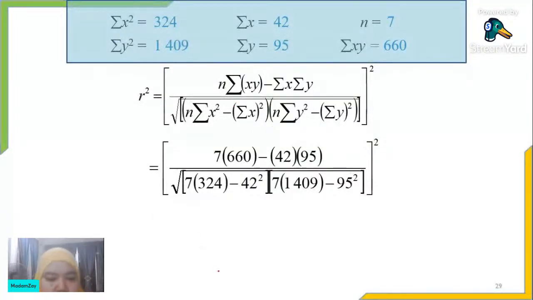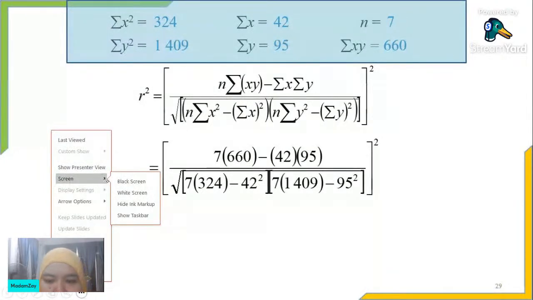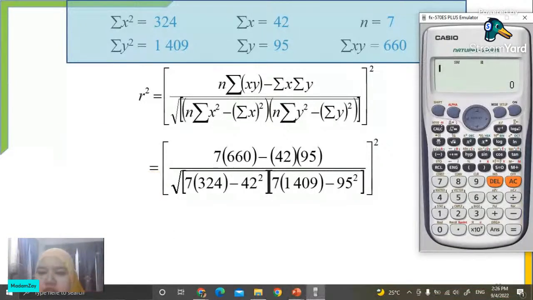Okay, so if you use the calculator directly. Okay, let me open the screen to choose the calculator. Show taskbar, my calculator. Now I want to put the value. So I put bracket and then fraction. Okay. Now we cannot use that. So bracket again, 7 of 660 minus 42 of 95.